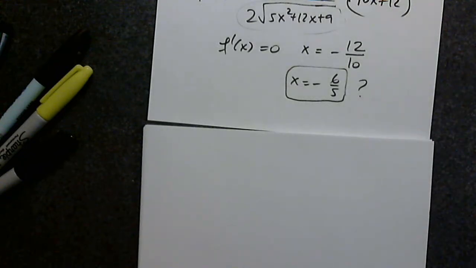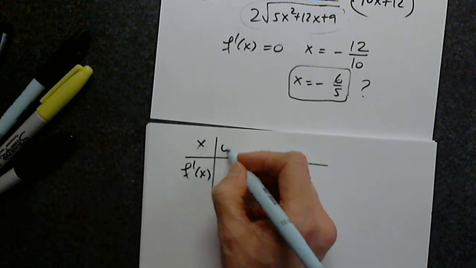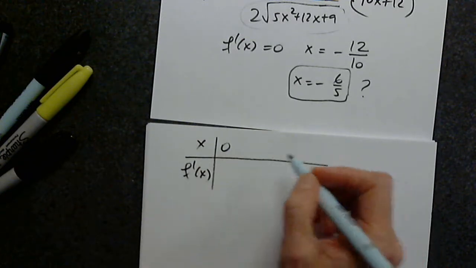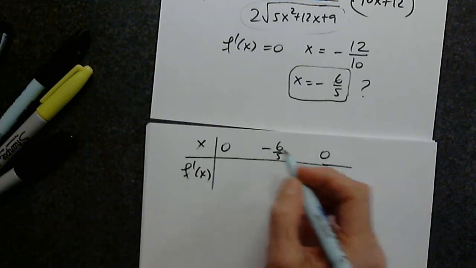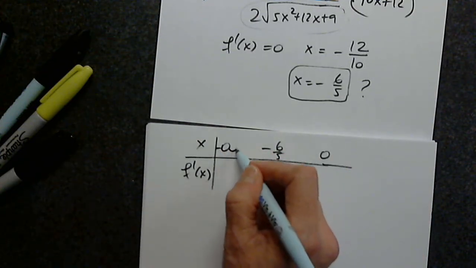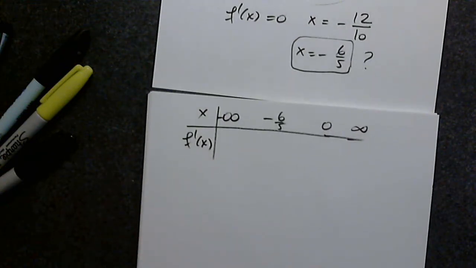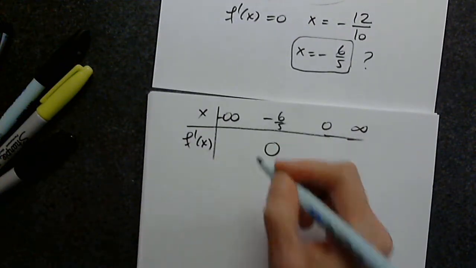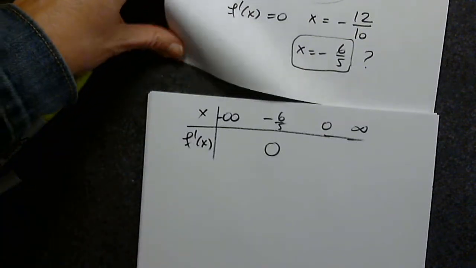So that's why I have to write x, f prime of x. I'm sorry, that's 0 cannot be there. So negative 6/5 and 0, and let's say negative infinity and infinity. And 0 under negative 6/5. And now I have to study the sign of the first derivative.